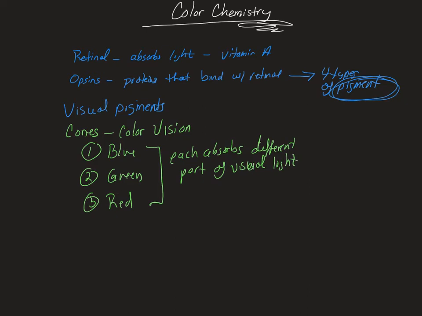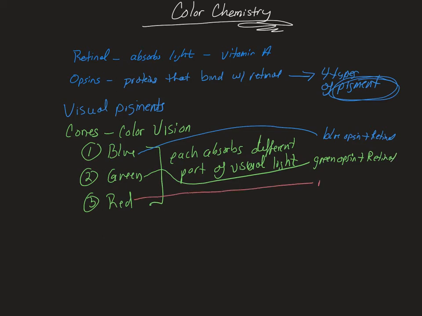So what do these pigments consist of? Blue is going to be the blue opsin plus retinol. Green is going to be the green opsin plus retinol. And then red is going to be the red opsin plus retinol. So we're combining these proteins. Now when we talk about them, we usually just say red, green, and blue.